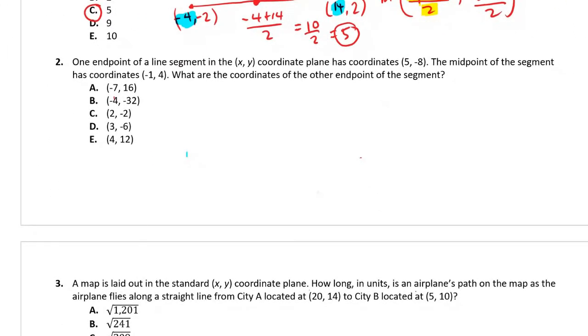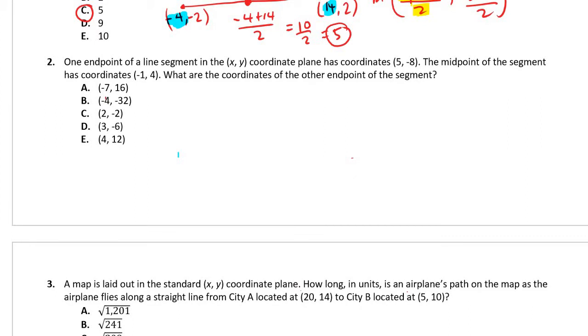Here we're given another one, but I need to go straight to the question. What's the question asking me to do? What are the coordinates of the other endpoint? Notice that it's not asking you to find the midpoint, but it's asking you to find the coordinate of an endpoint, not a midpoint. Be careful. So here is one endpoint that is given to you.